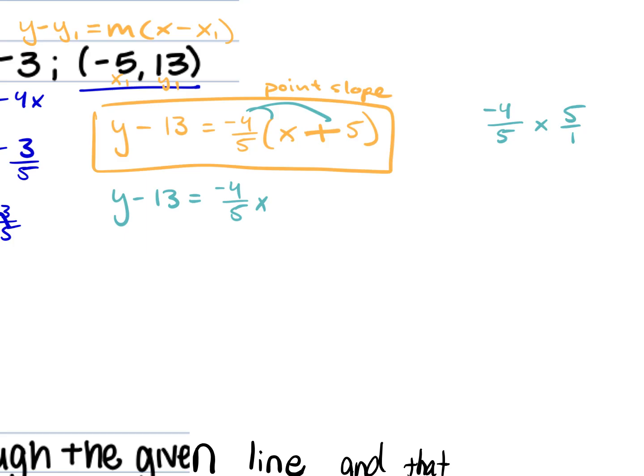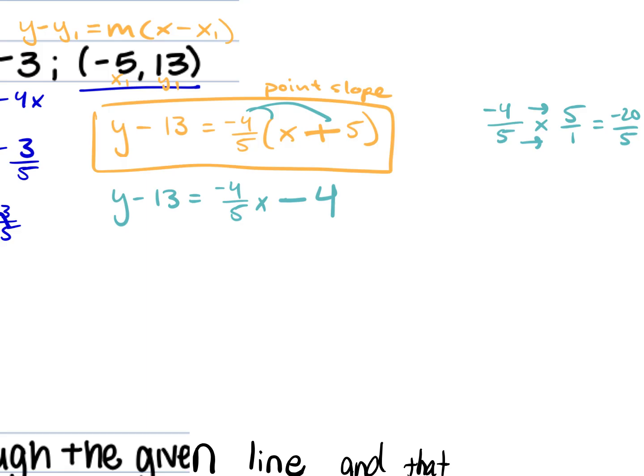When we multiply with fractions, multiply straight across. So we get negative 20 over 5. And what does negative 20 over 5 simplify to? Negative 4, perfect. So this would be minus 4. They don't need to have a common denominator when you're multiplying. When you multiply, you just multiply the tops and you multiply the bottoms.